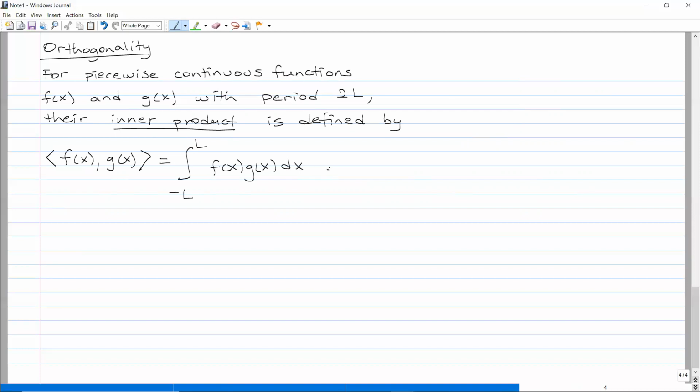Since the period is 2L, you can take basically any interval of length 2L. But taking an interval like this is going to be convenient when we consider sine and cosine functions, because the sine function is an odd function and the cosine function is an even function.